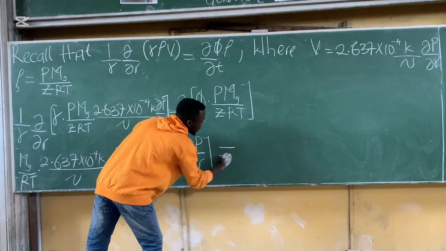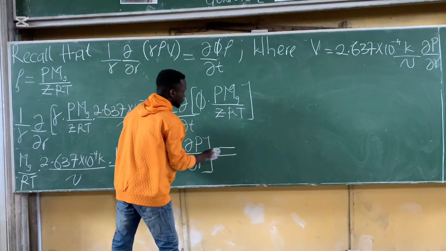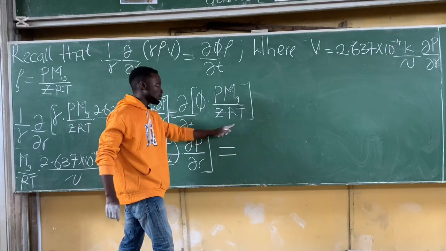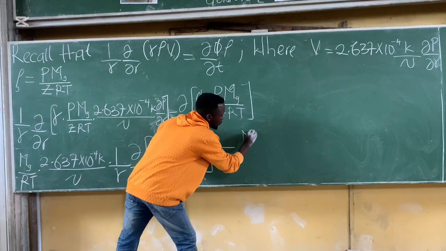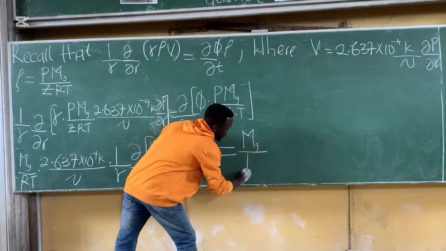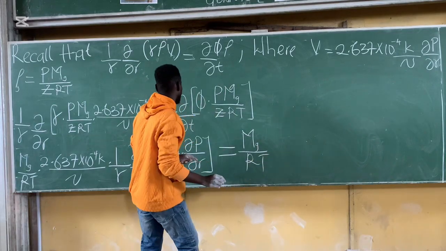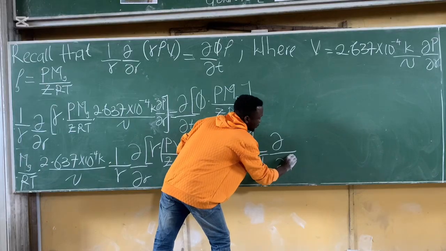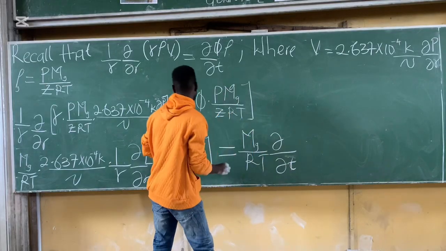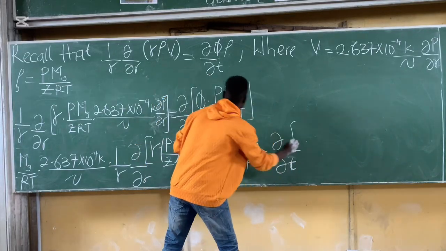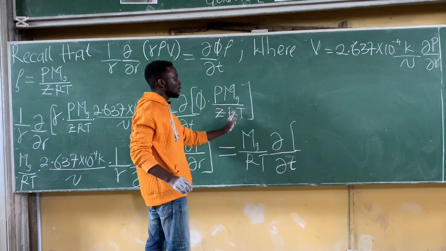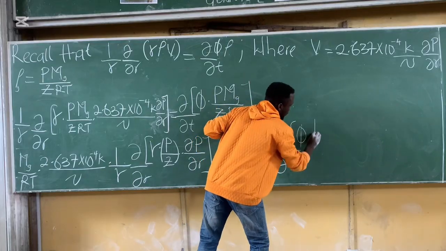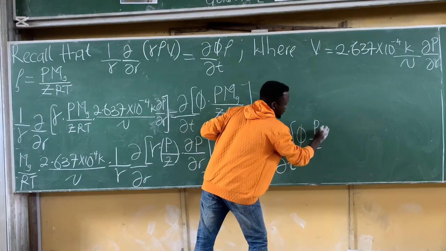Then this is equal to, if you look at this, Mg over R T is also constant here, so we factor it out. If we factor it out, we are going to have Mg divided by R T of d/dt, since we factor out Mg over R T, we are left with phi and P over z.